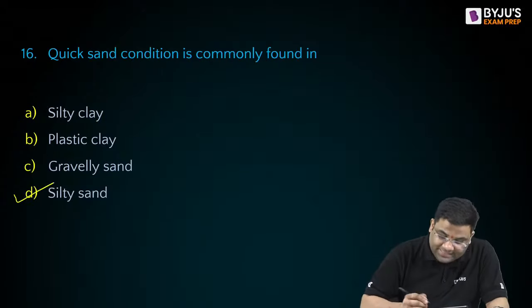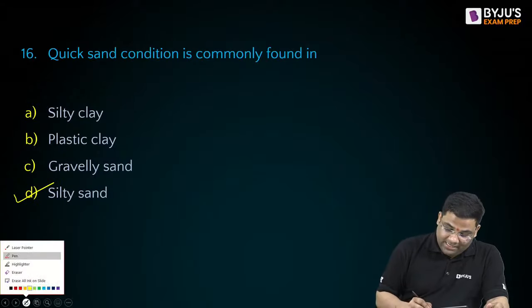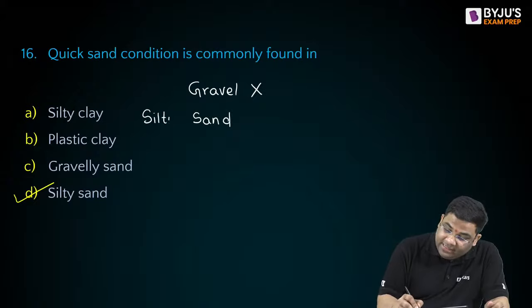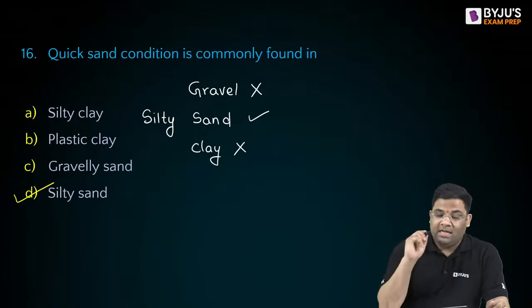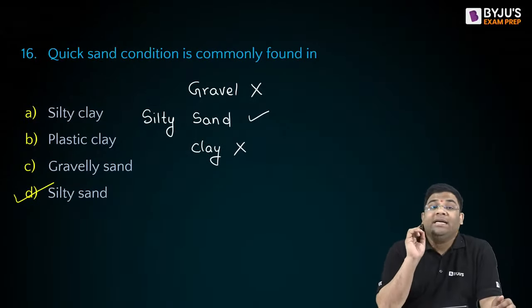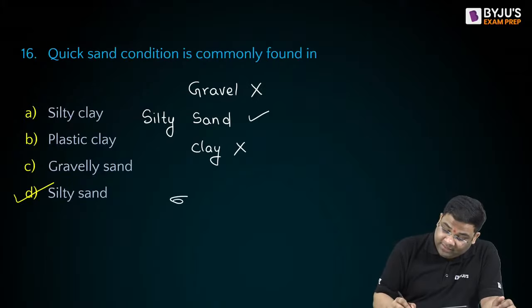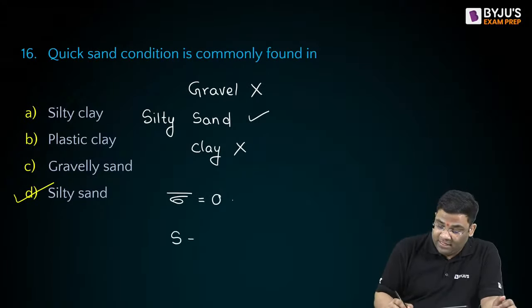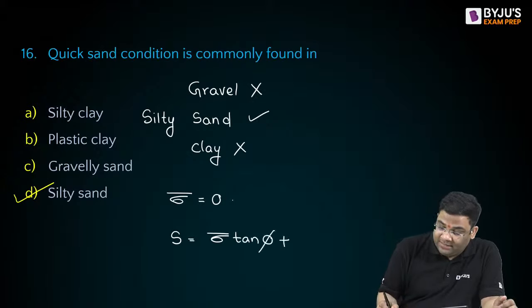It is found in silty sand. It is not found in gravel. It is found in sand, and in sand I can say silty sand. It is not even found in clay. Now what happens in quicksand condition? In quicksand condition, the effective stress is 0. So effective stress is 0 and the shear strength equation is what? It is effective stress times tan phi plus C.